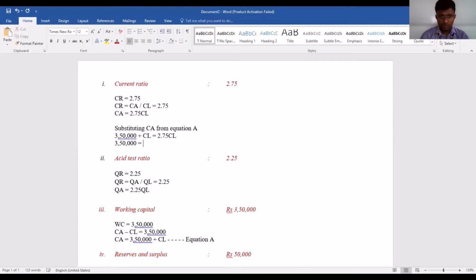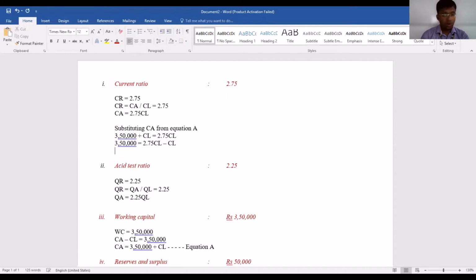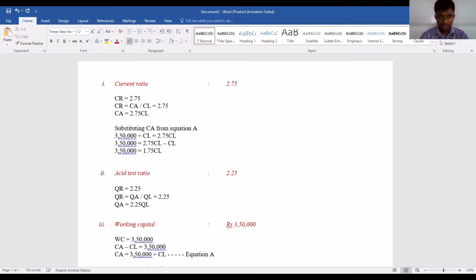3,50,000 is equal to 2.75 times current liability minus current liability, or 3,50,000 is equal to 1.75 times your current liability, or current liability is equal to 3,50,000 divided by 1.75.